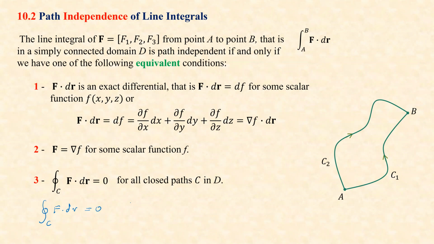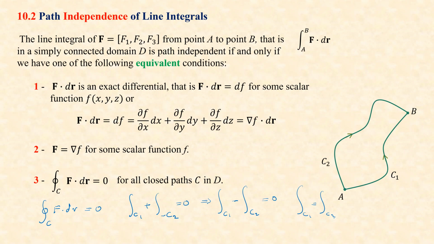So it becomes integral along C1 of f dot dr. I don't write f dot dr because it's doing the same thing. Integral along C1 plus integral along negative C2, meaning going on C2 but in opposite direction, equal to 0. That means integral along C1 minus integral along C2 equal to 0. That means integral along C1 is equal to integral along C2, right?